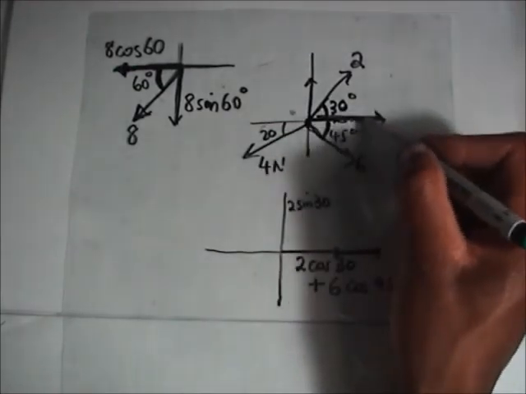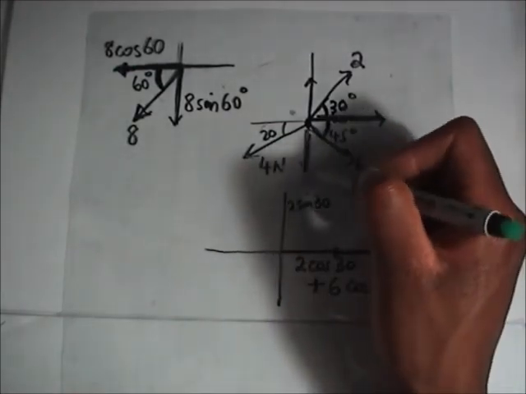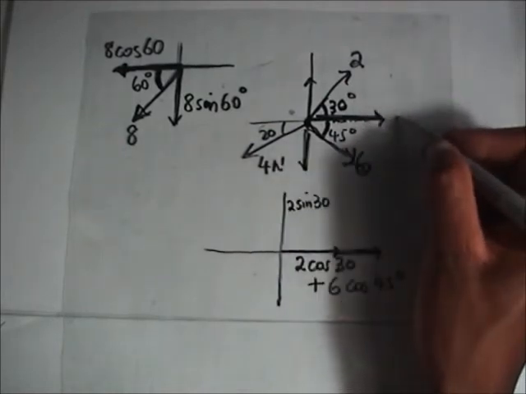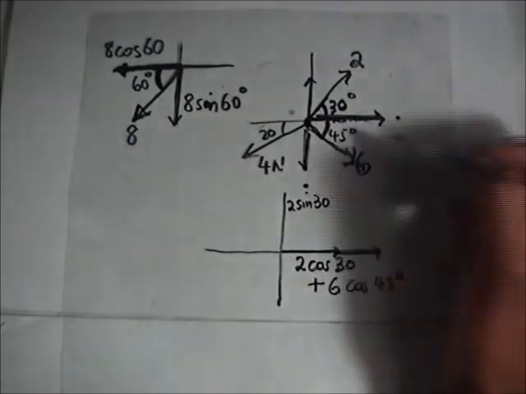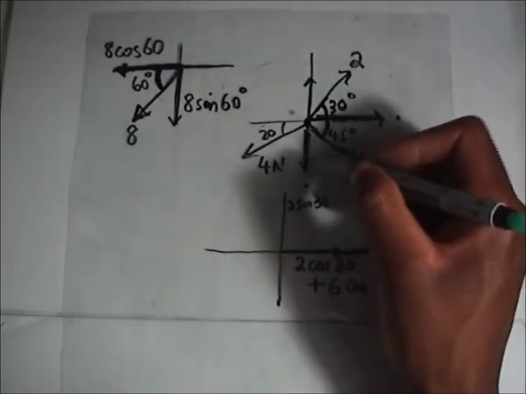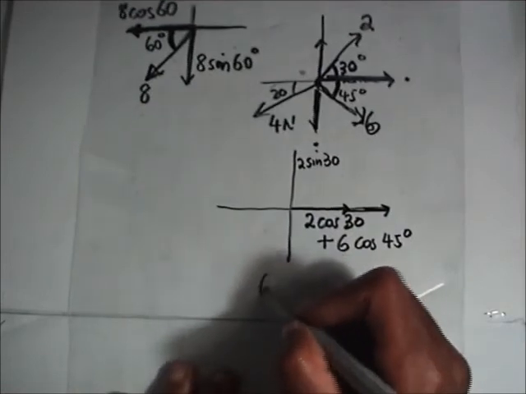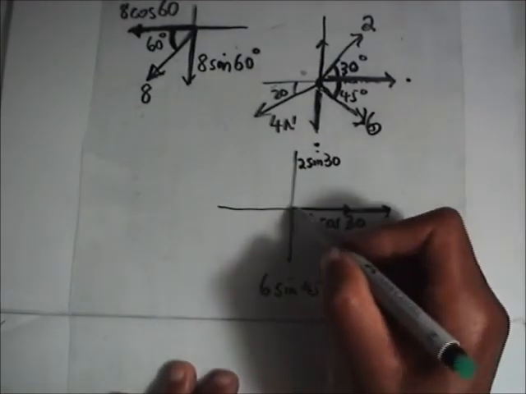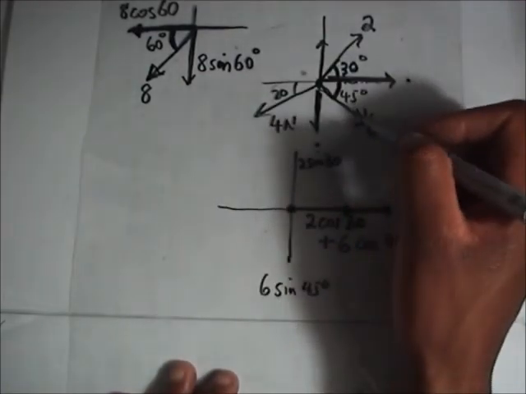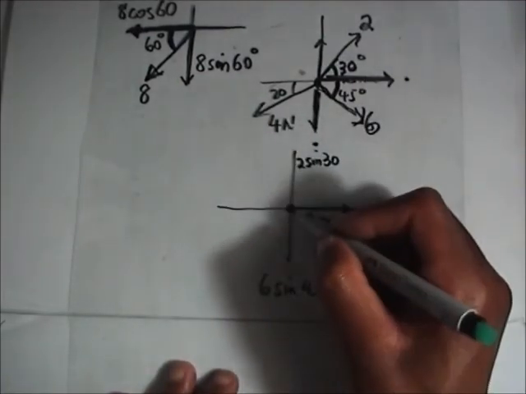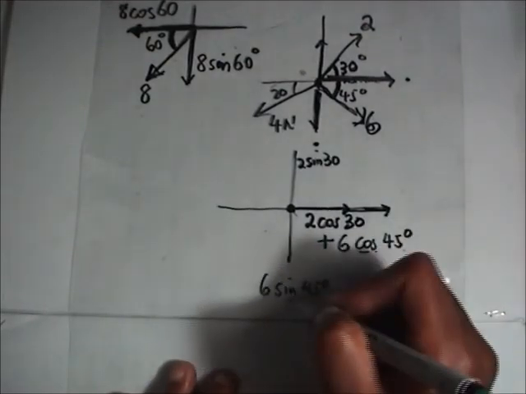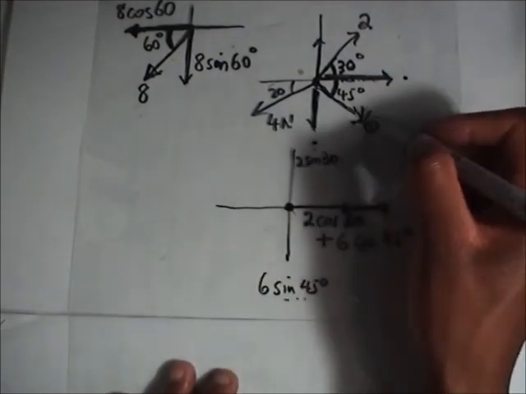But the other direction is here, because obviously the direction of the 6 newton is horizontally right and vertically downwards. So vertically downwards, the other direction that is not trapping the angle is the one that we have sine. So this one will be 6 sine 45. So you see, I'm no longer writing the 6 newton. I now have two components, the 6 cos 45 and the 6 sine 45, representing the 6 newton.